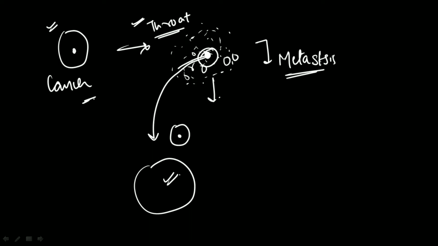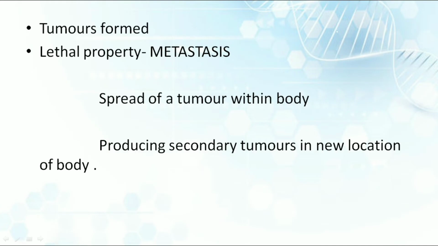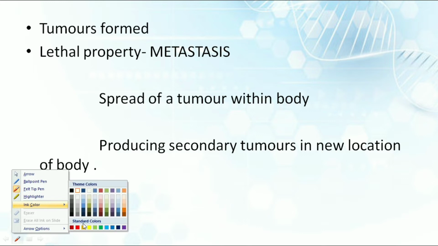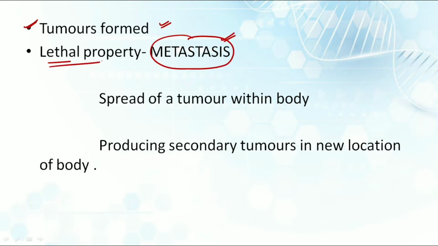So, in very simple words, the property of traveling, or the ability of the cancer cell to detach from one area and invade a new location and cause cancer there, this is what metastasis is all about. So as you can see, metastasis is a lethal property.